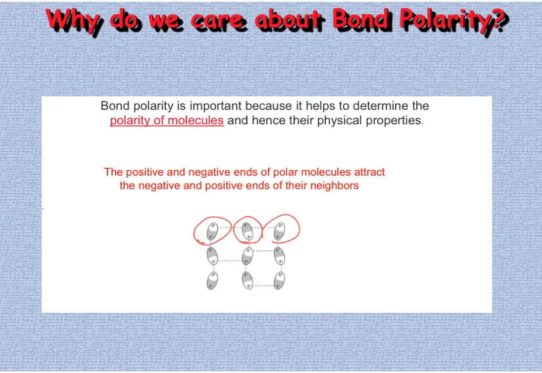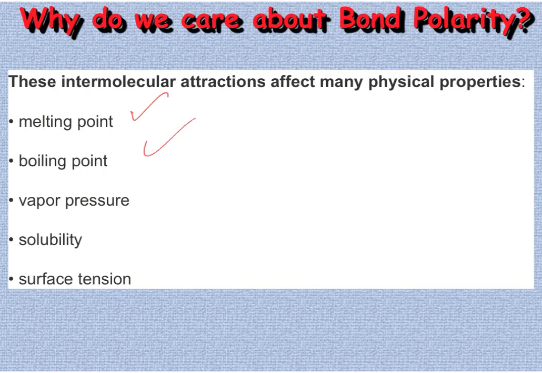We know opposite charges attract, and so if you have a polar substance, it's going to attract each other pretty tightly, and that's going to affect its arrangement with each other and what we call intermolecular forces, which affects a ton of properties. Here are just some of them. The temperature at which something changes phases is highly dependent on how polar the substance is, how attracted molecules are to each other, again called intermolecular attractions, which we'll learn a lot more about a little bit later. But that is it for this lecture.